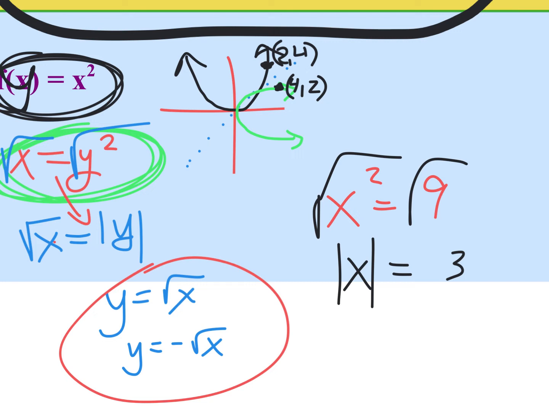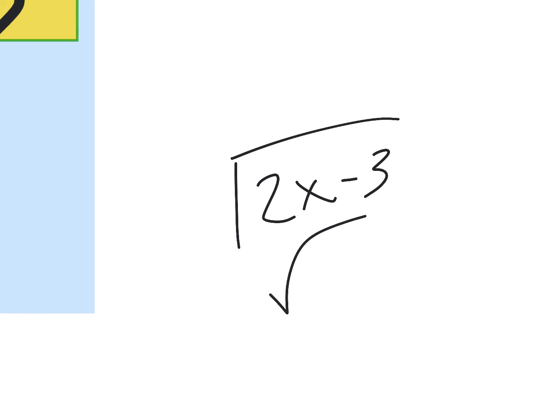It's already happened to kids on the tests where they were evaluating a function and the function had a square root, like the square root of 2x minus 3, and they stick in a number and they get the square root of 16, and then they go, oh, so the answer is plus and minus 4. Oh, it's not. It's just 4. You can't put a negative answer for that. So that's why I react strongly when somebody just says, can I just say plus and minus?